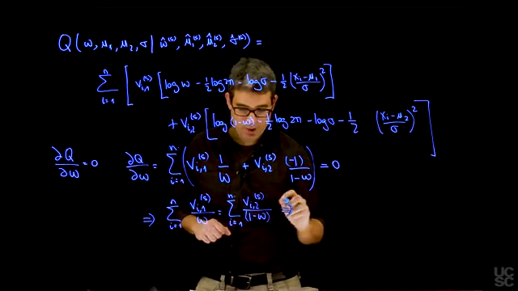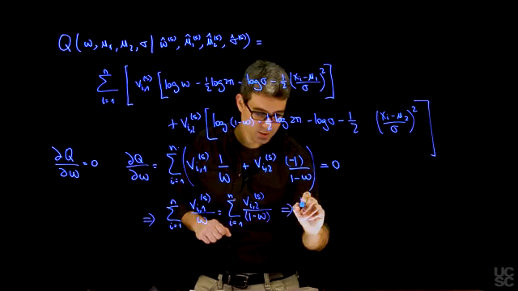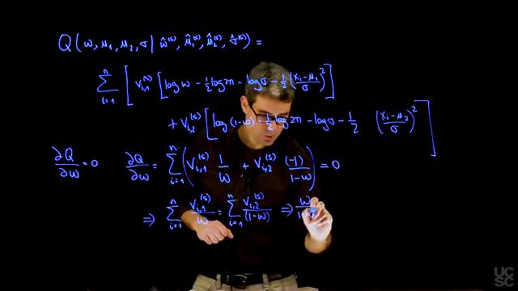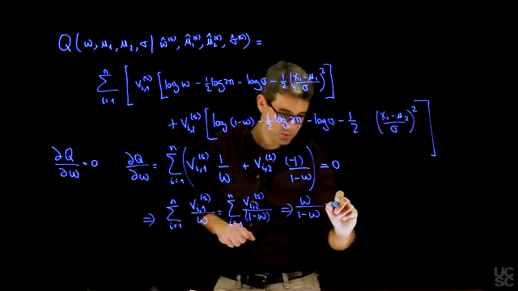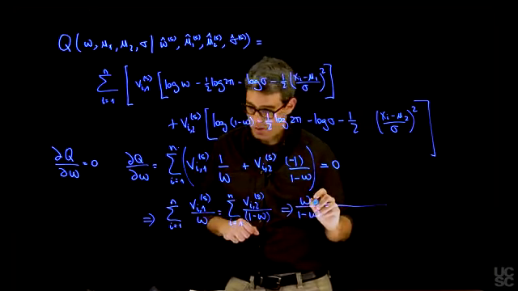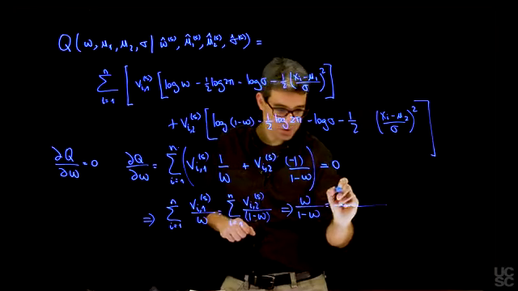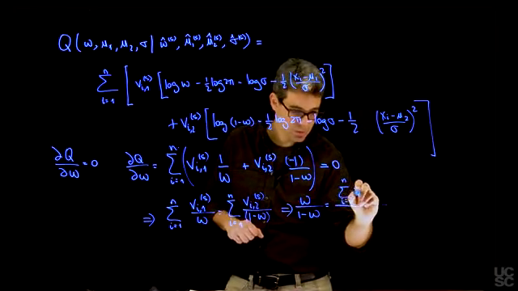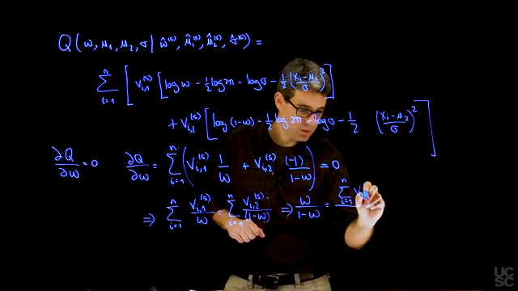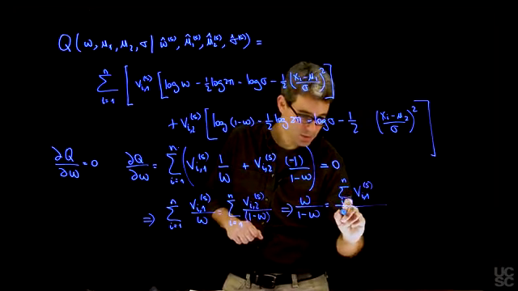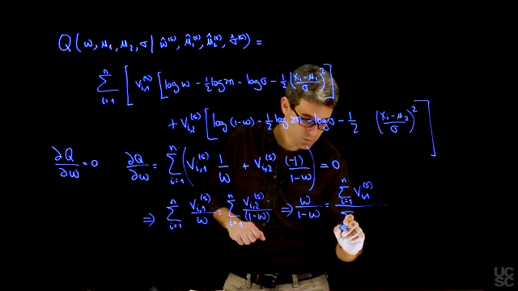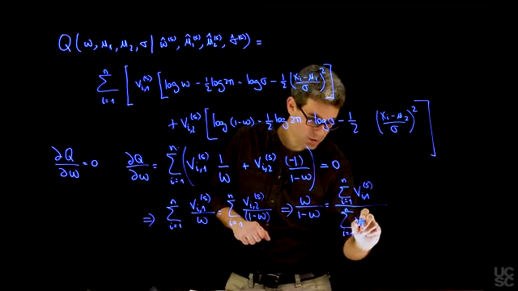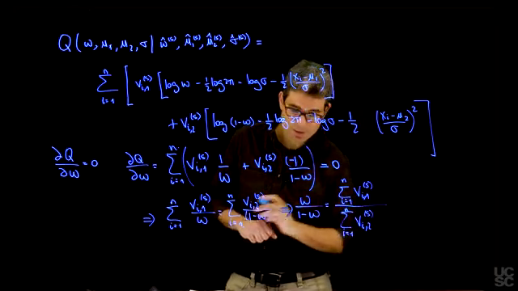So another way to write this is to say that omega divided by 1 minus omega has to be equal to the sum from 1 to n of bi1s divided by the sum from i equals 1 to n of bi2s.